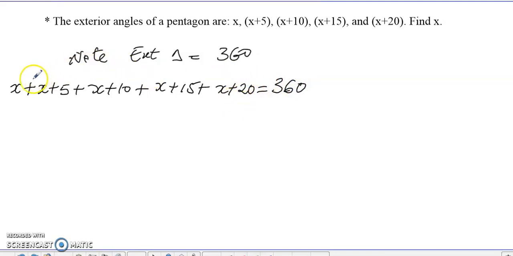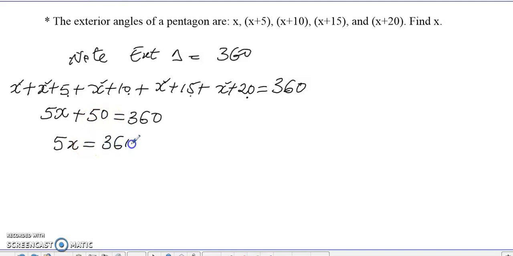So let's check. x plus x, 2x, 3x, 4x, so we have 4x. Then 5 plus 10 is 15, 15 plus 15 is 30, 30 plus 20 is 50. So 4x plus 50 is equal to 360. We subtract 50 from both sides.